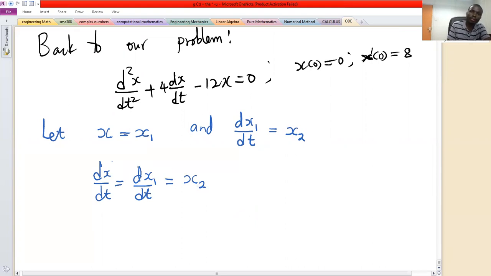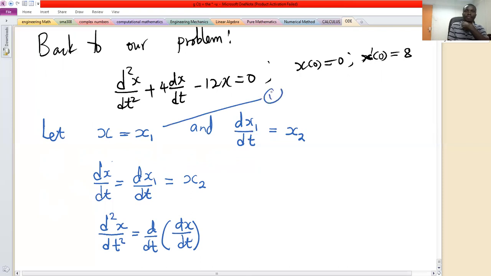Now, d squared x over dt squared is the same as d dt of dx dt. Remember, call this one equation 1. When you differentiate the first derivative, you get the second derivative.